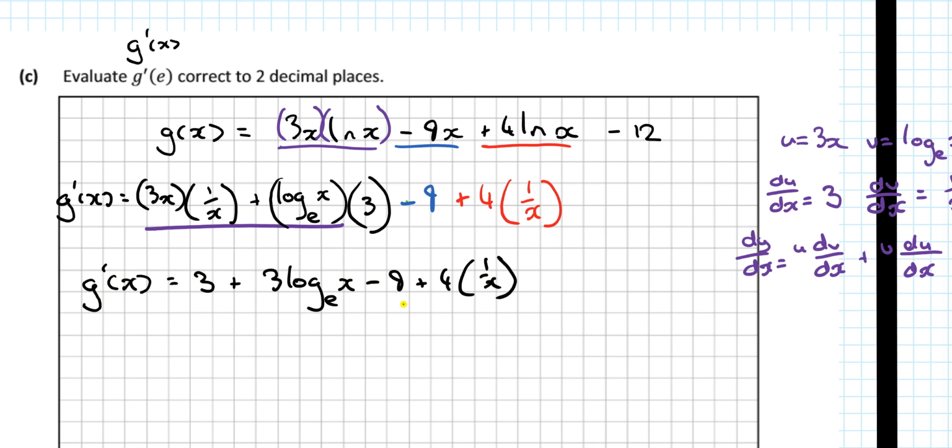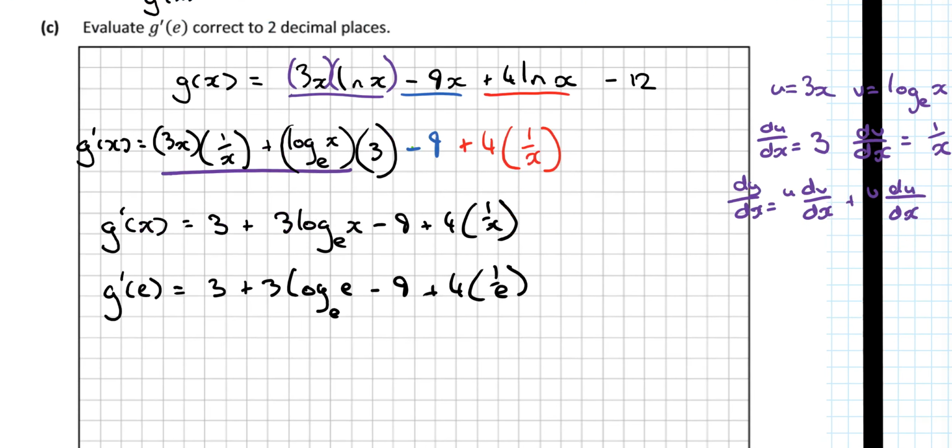And then now all we have to do is sub in my e. g dash of e is 3 plus 3 log to the base e of e, minus 9 plus 4 times 1 over e. Just note for yourself, log to the base e of e is 1, so it really simplifies to 3 plus 3 times 1, minus 9 plus 4 over e.